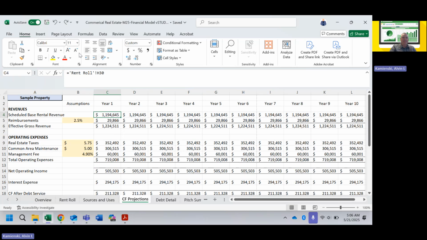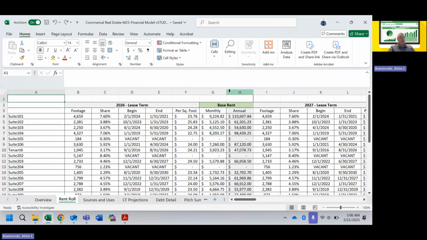But if you take a look up there, that number is actually coming from another place, which is the rent roll. It's on rent roll H30, where if I look at my rent roll, I see I have all these different suites or offices that are inside of my property.